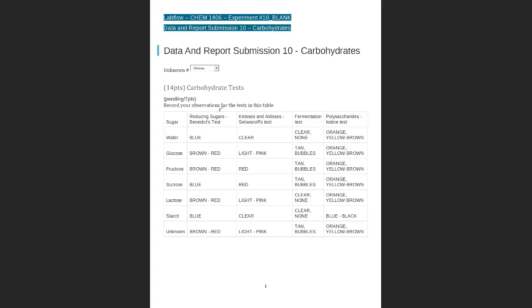Benedict test to check for reducing sugar, Seliwanov test to check for ketoses and aldoses, the fermentation test, and the polysaccharide iodine test.